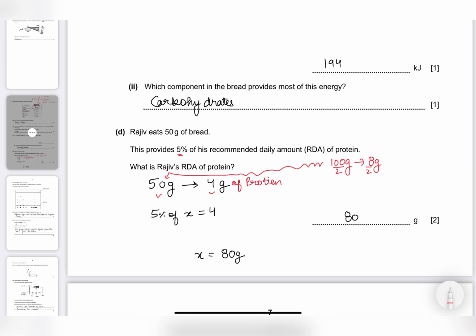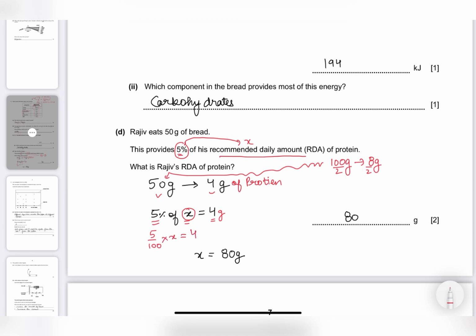Now, listen very carefully. Let the total RDA be X. Now we know that 5% of X equals 4 grams. Yes or no? Look in the question, 5% of X equals 4 grams. Now, if we remove the percentage sign, it would be 5 upon 100 times X equals 4.